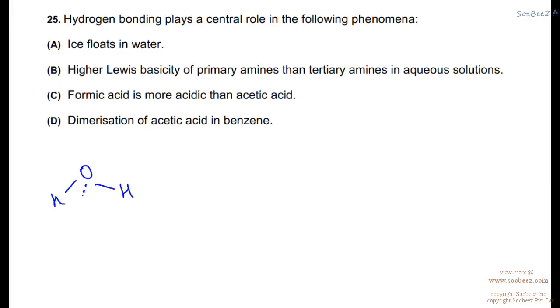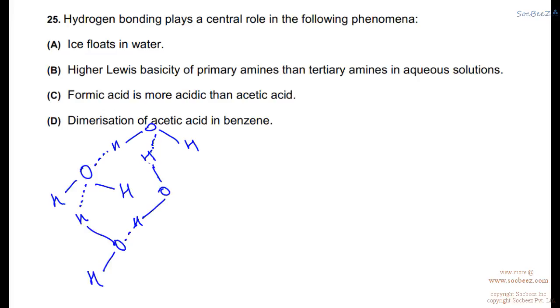So this will be surrounded by this molecule, and this will be surrounded by this molecule, which will further be surrounded by some other molecules, and hence this will be like this cage-like structure.